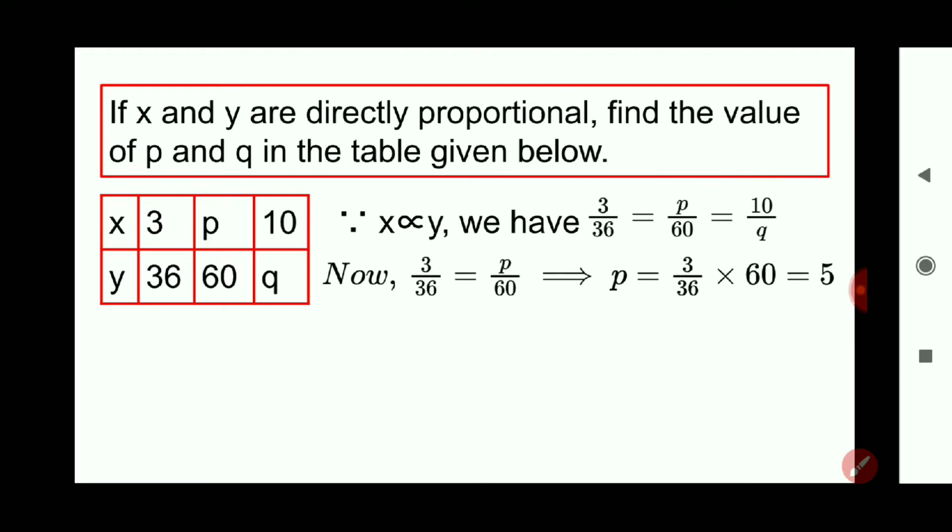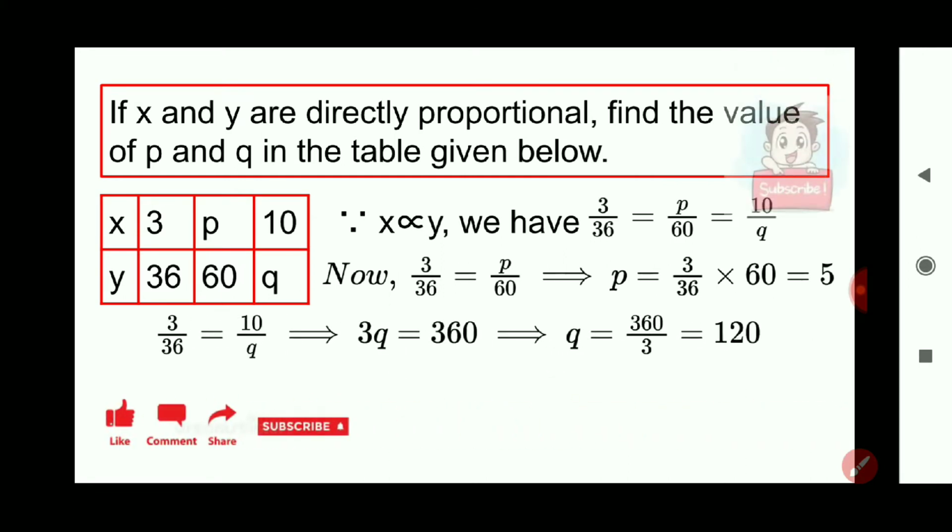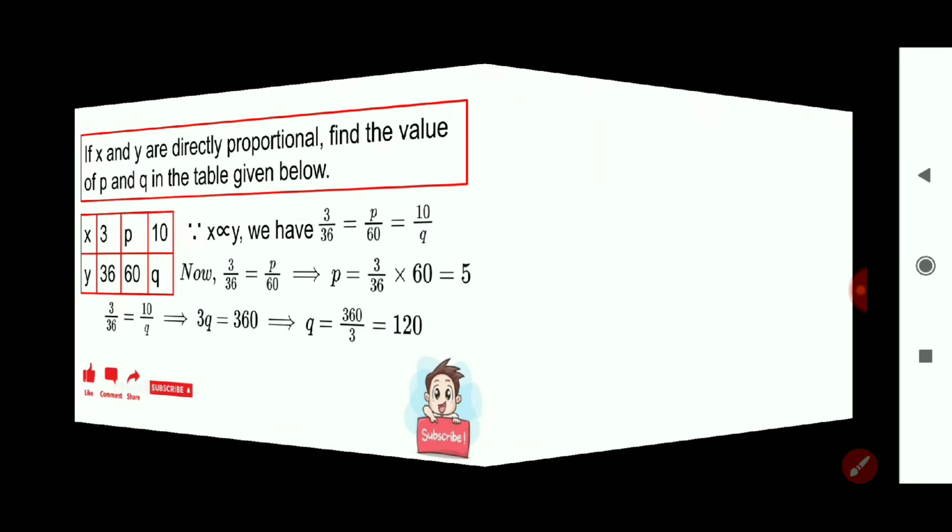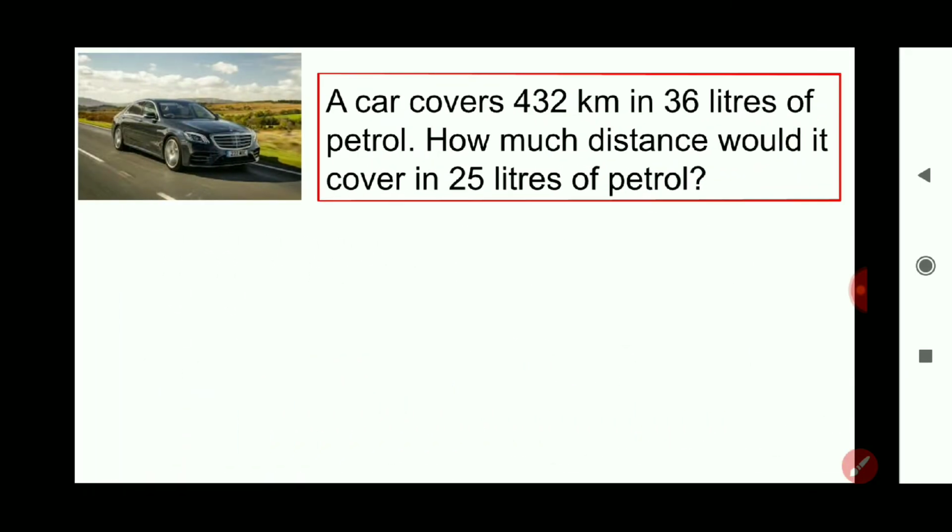From it we can find p. p is equal to 3 by 36 into 60. That's 5. And take first ratio and last ratio. That is 3 by 36 is equal to 10 by q. So by cross multiplication it is 3q is equal to 360. Hence q is equal to 360 by 3. That is 120.